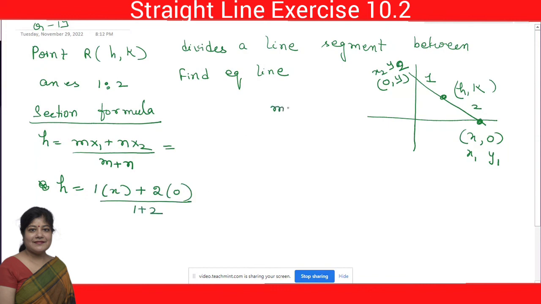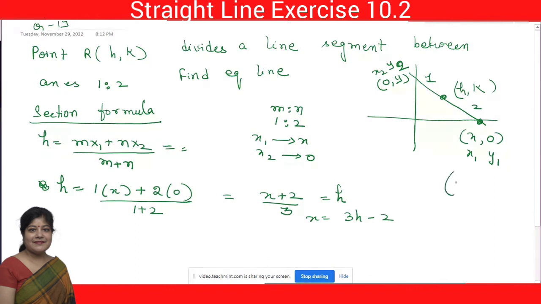M is to n becomes 1 is to 2. X1 is x, x2 is 0. Now I am substituting the values. So the value of x becomes 3h.